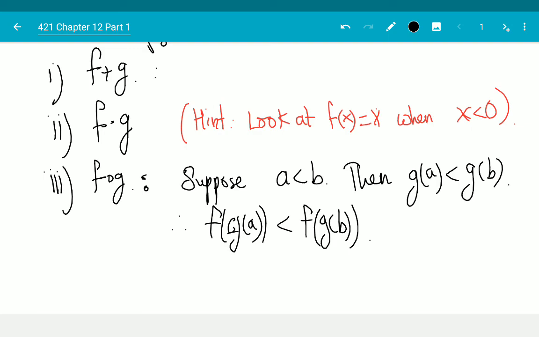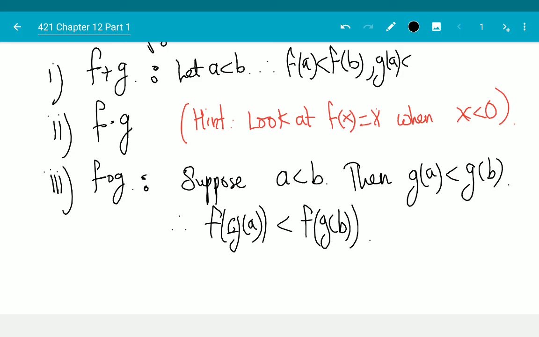Similarly, if f plus g I'm looking at, then I get let a smaller than b. Therefore, f of a smaller than f of b, g of a smaller than g of b.